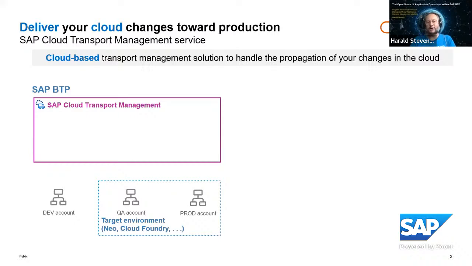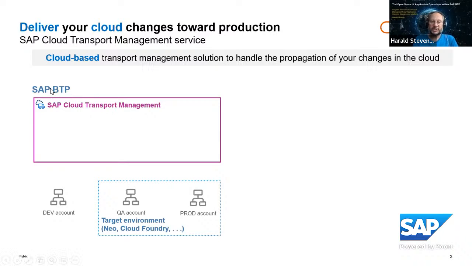A few minutes about transport management in case you don't know that tool. Basically, transport management is our solution for transporting and delivering changes in BTP, or in the cloud to be more general. However, the use cases so far concentrate on SAP BTP.